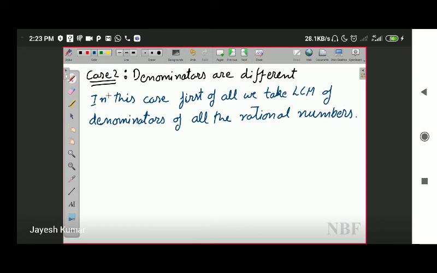Okay. So this will be our first step. First of all, we will take their LCM.